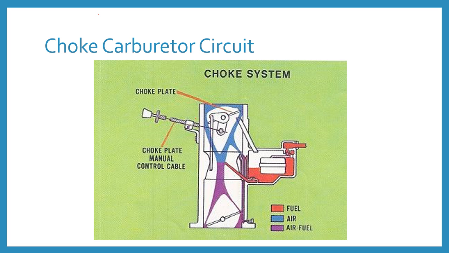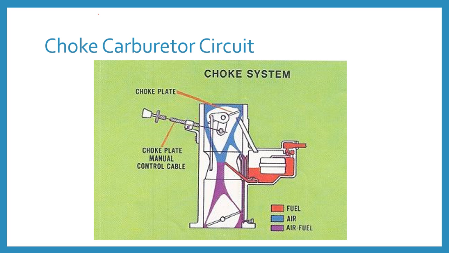When the choke knob is pushed down, the choke valve is opened. It may be noted that if the driver forgets to push back the choke knob, the carburetor will continue to supply a very rich mixture to the engine.